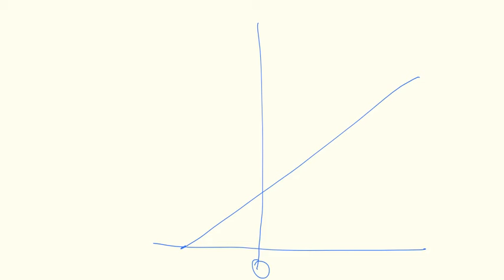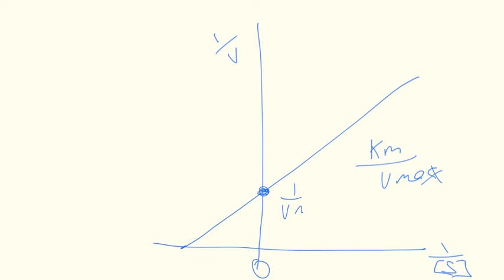And so what you have right here is 1 over the velocity, and on this graph you're graphing 1 over the substrate concentration, and your slope is going to equal Km over Vmax. At this point right here you have 1 over Vmax, and at this point right here you have negative 1 over Km.